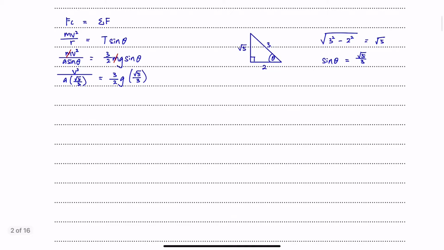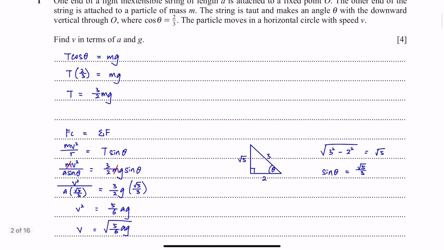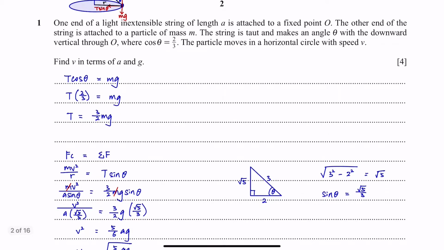And I would get v squared equals 3/2 ag. So v would be the square root of 3/2 ag. It should be a positive value because v is the speed. Speed cannot be a negative value.